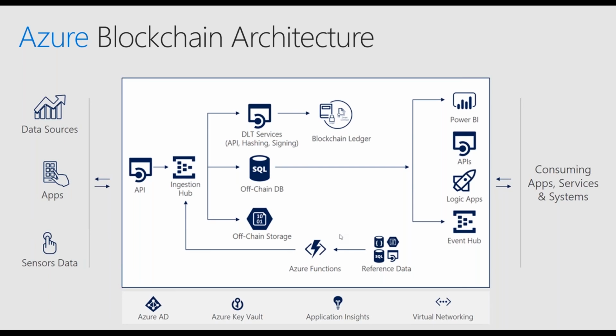And obviously, this data can also be provided externally to other applications that consume these services using an event hub for capturing and processing any event that executes inside the blockchain ledger.